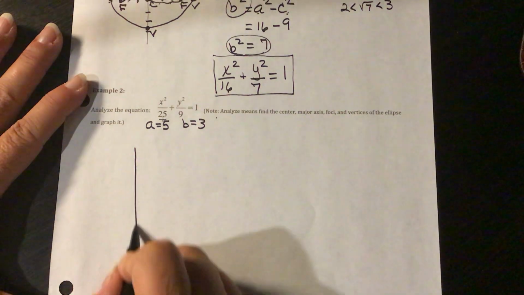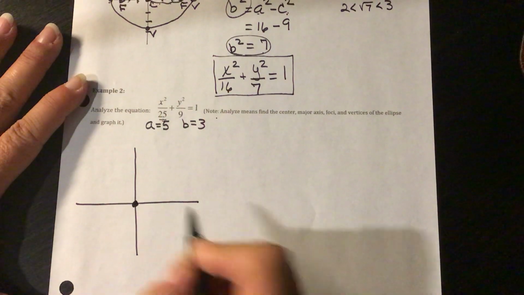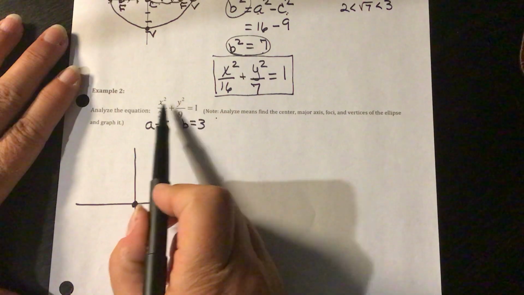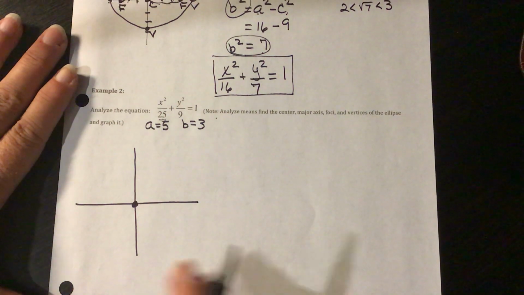So just graphing what we know so far, I'm going to start at the center because I don't see any h and k values with x squared and y squared. We'll actually do that in the next lesson.